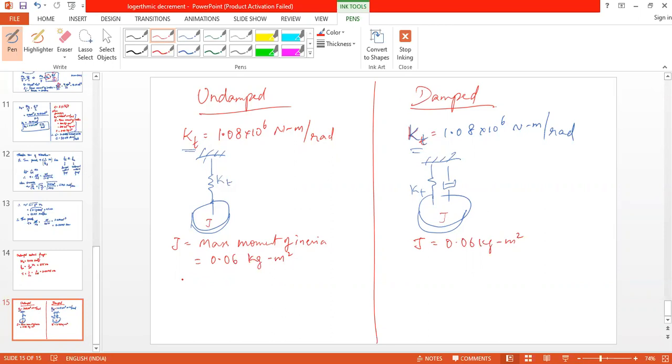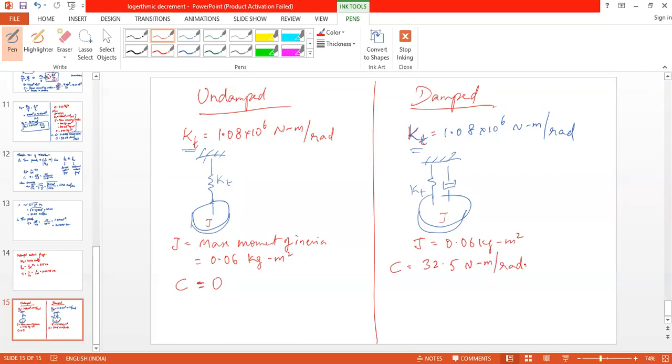Okay. What is the value of C here? What is the value of damping coefficient in case of undamped system? It is 0. There is no damping here. Whereas here, the value for C is 32.5 Newton meter per radian.